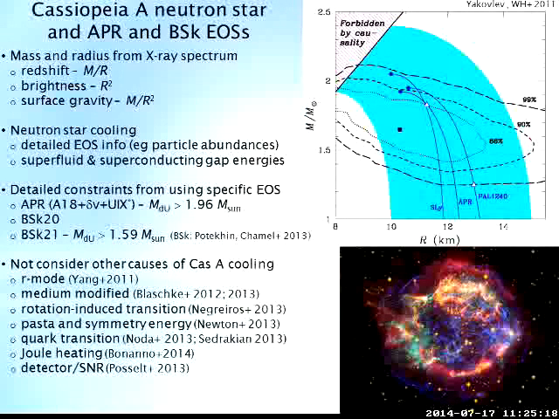Okay, but one of the important points I want to make here is that you can get a lot more out of Cas A because you observe cooling. The cooling can tell you a lot more than just mass and radius, because it depends on detailed equation of state information. To know how an object like a neutron star cools, you need to know particle abundances.